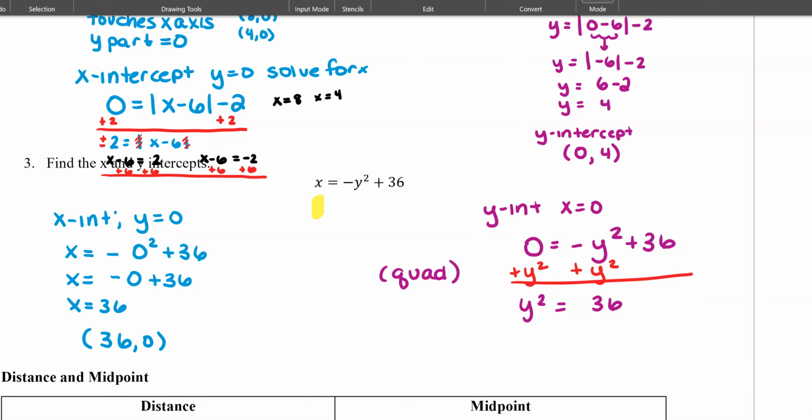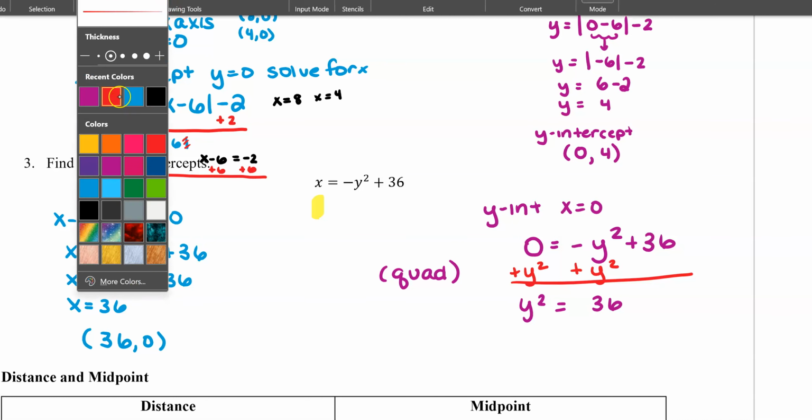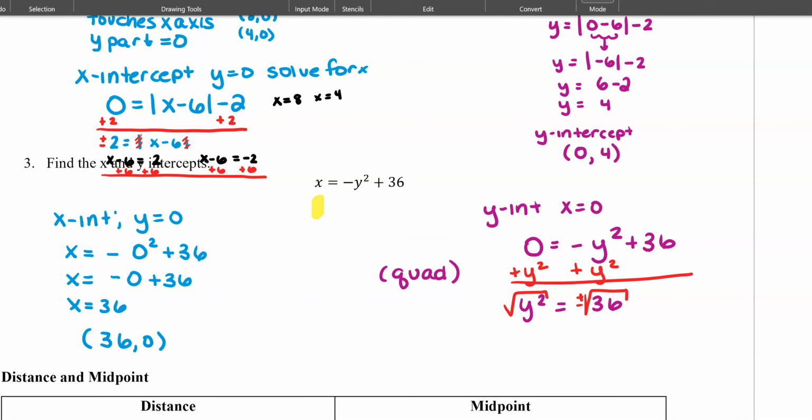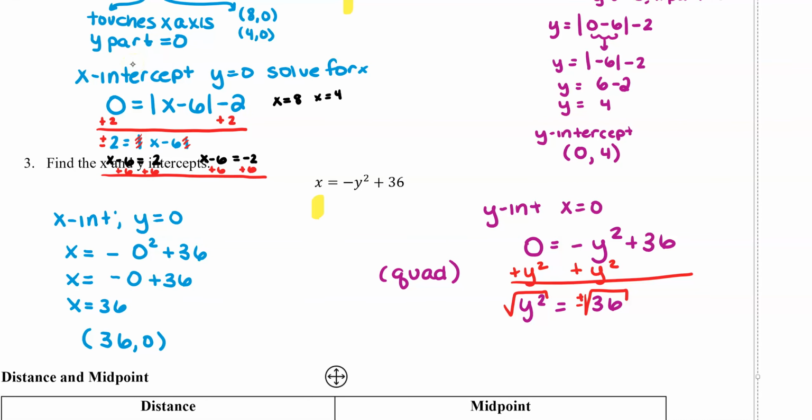And then I need to kill the square, and we kill squares with square roots. But when you do that, you have to tack on plus or minus. So my equation becomes y equals plus or minus the square root of 36.